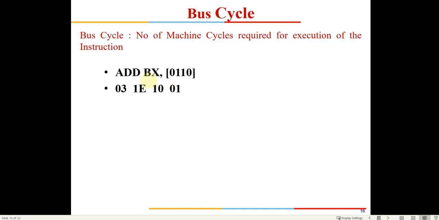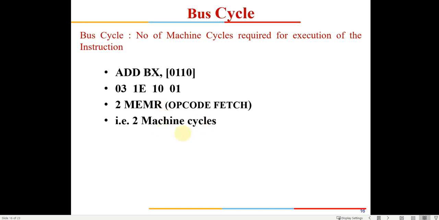Whereas in this case, ADD AX, [BX], this code itself is of 2 words, so it will take 2 machine cycles to get the data, right? Once it is fetched, on the opcode fetch, we have seen that the physical address will be generated. Here we are talking now, it is not only a register operation, it is a memory operation.